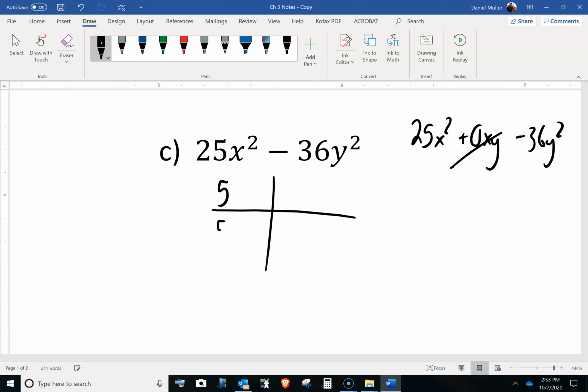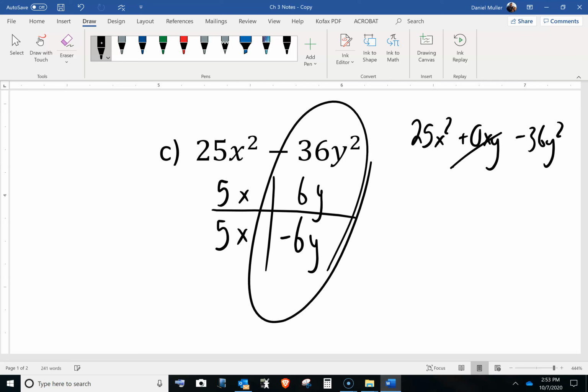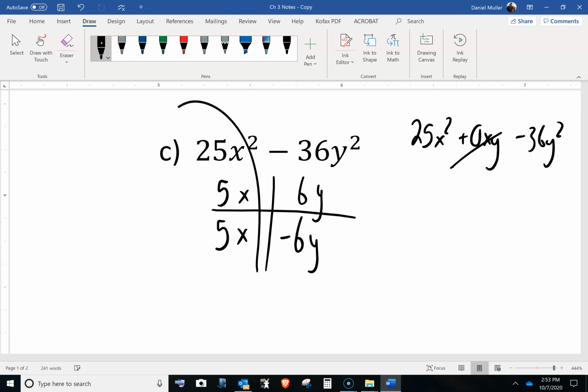So this will be a 5x and a 5x. 36 could be 12 and 3, but I'm going to make them 6 and 6 because I want them the same, y and y. And one of them negative, the other one positive, so that this still multiplies to be negative 36y squared, and this multiplies to be 5 times 5, which is 25x squared.